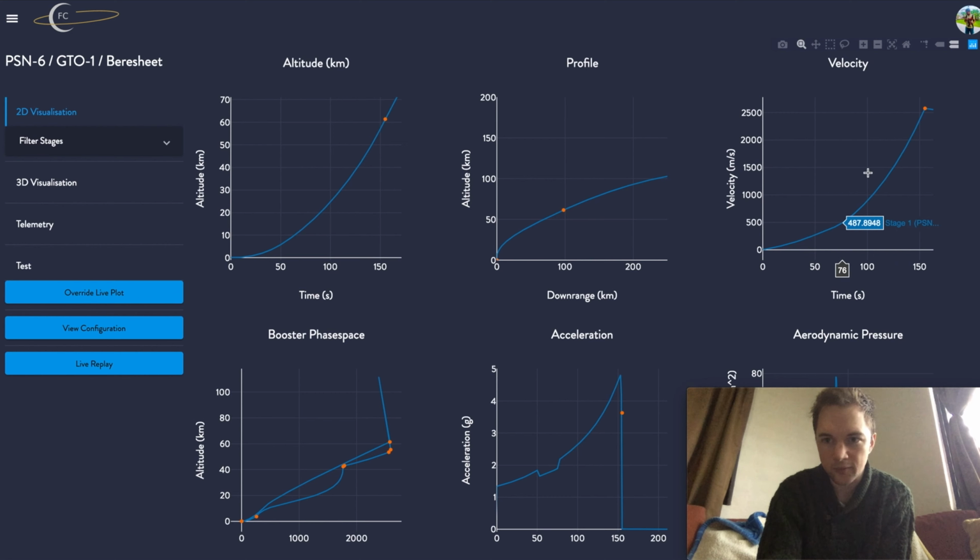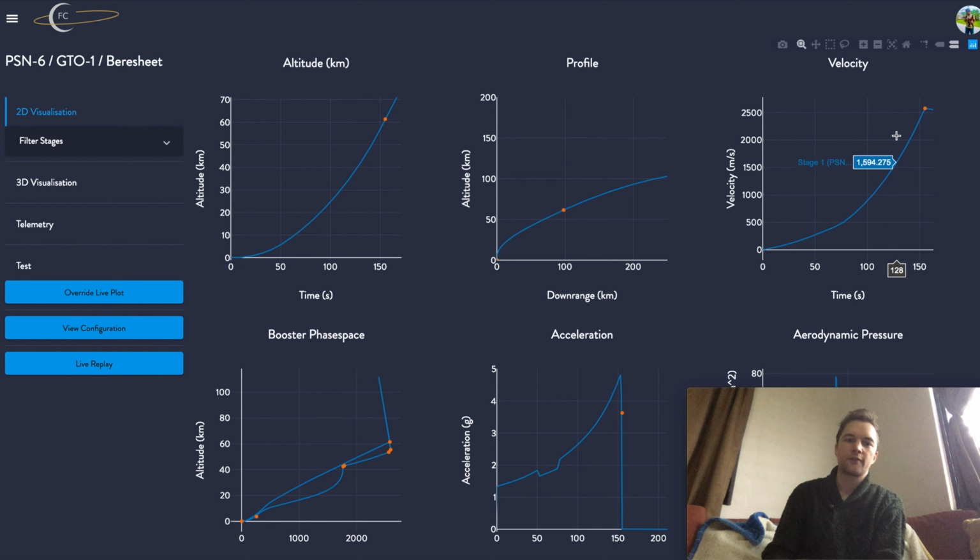And the same for velocity as well. So I have 5 or 10 points for altitude versus time and velocity versus time. And I say I want my trajectory to go through these points. I want it at these times, I want it to have these altitudes and these velocities.